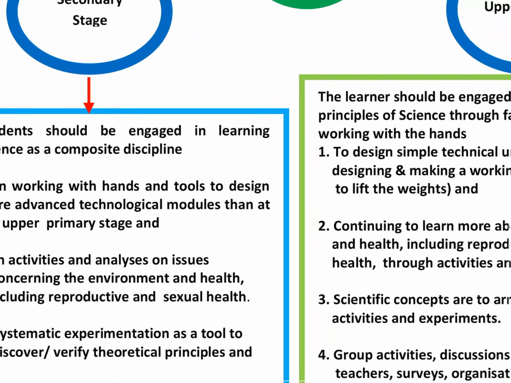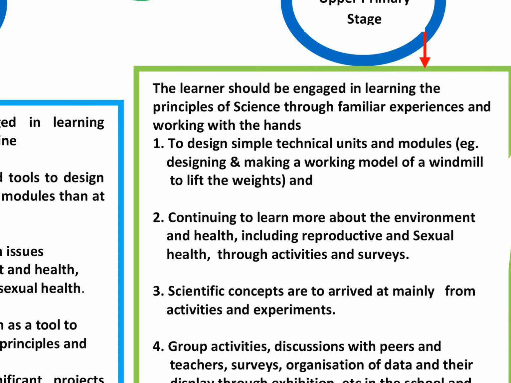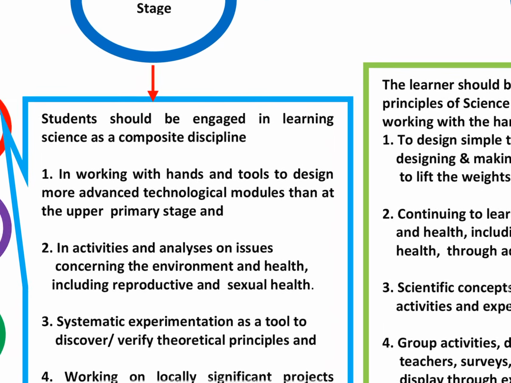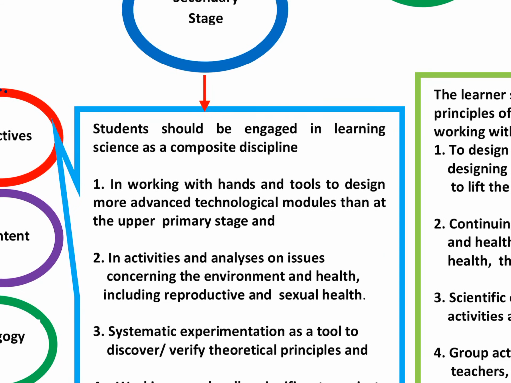So in the upper primary stage we talk about that, like they can prepare the model of windmill to lift the weight, etc. And now in the secondary stage they can continue the similar type of task, but the level of their work design has to be more advanced than that of the upper primary stage.